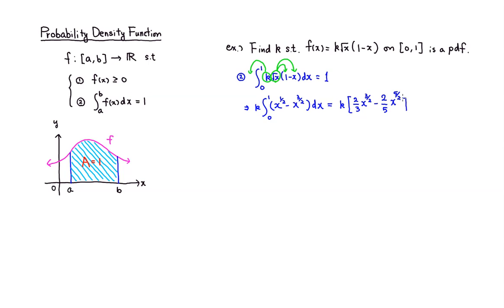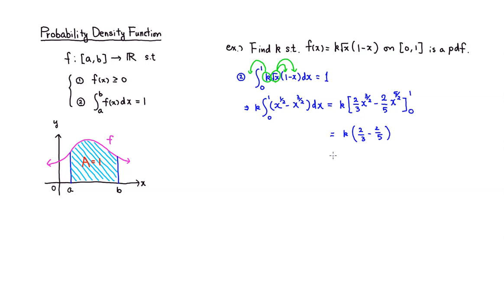Luckily we're going from the nice numbers 0 to 1. So this is going to be equal to k times, if you plug in 1, you get 2/3, minus, plugging in 1, you get 2/5. If you plug in 0, everything is 0, so I'm not going to even write that.